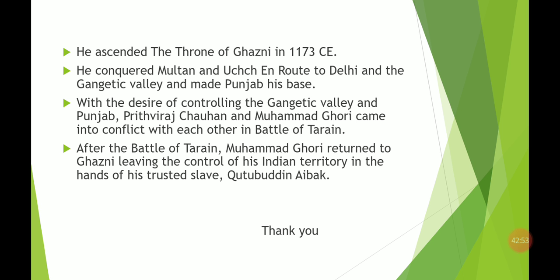After the Battle of Tarain, Mohammed Ghori did not want to stay in India. He wanted to return to his country. So after defeating Prithviraj Chauhan, he was going to his own country, but whatever territories he conquered, basically the central part of India, the Gangetic area, he gave all those territories to his trusted slave, Qutubuddin Aibak.